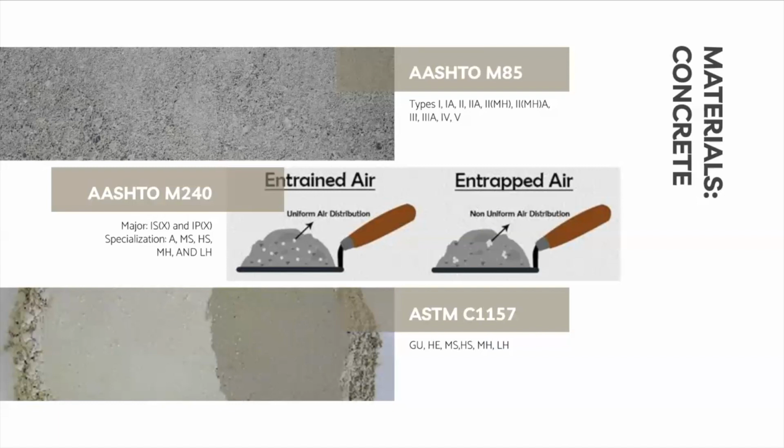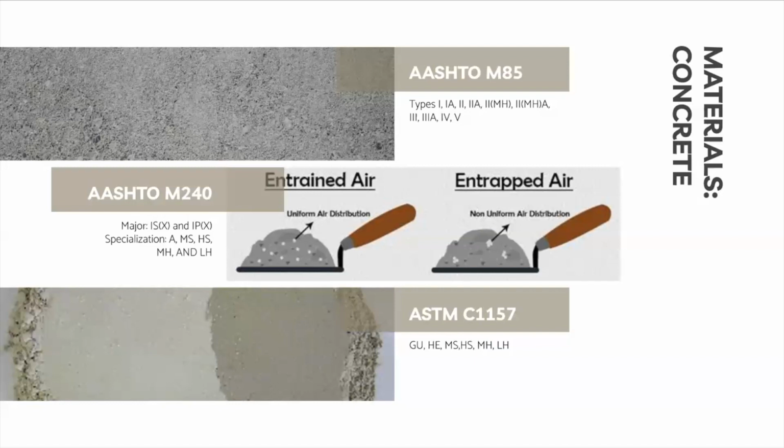The AASHTO M240 categorizes blended hydraulic cements featuring type IS for Portland blast furnace slag and type IP for Portland pozzolan cement. Each type can possess specific properties, such as air entrainment, sulfate resistance, and heat of hydration variations.